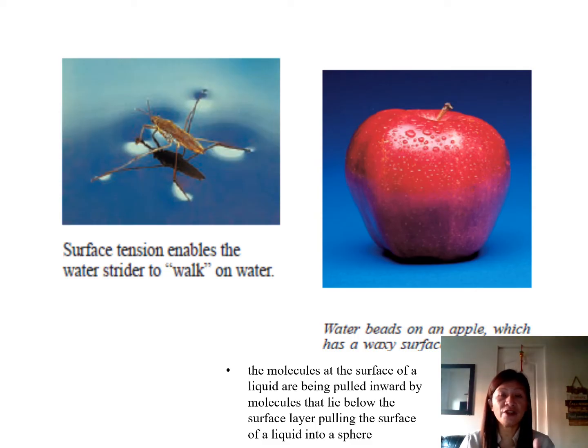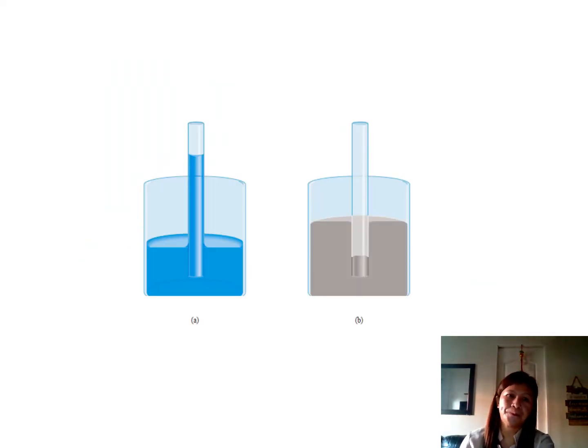That's why water molecules tend to form beads on the surface of a waxy apple. So that's what makes the water molecules form beads on the surface of the apple.